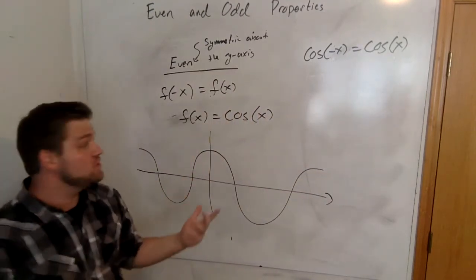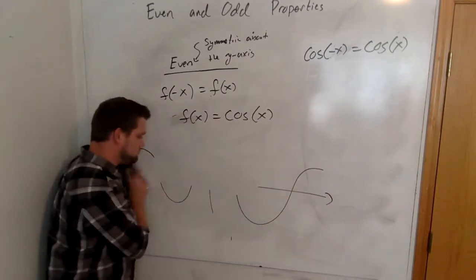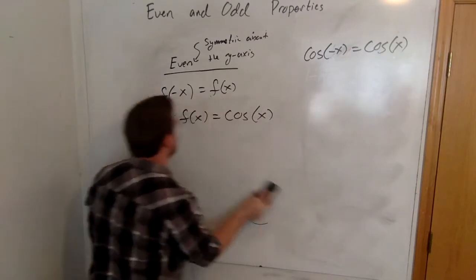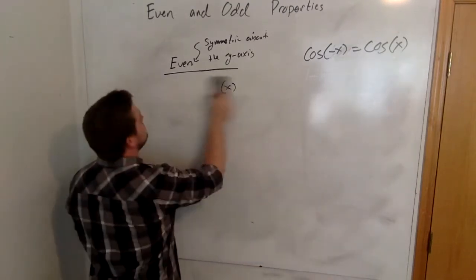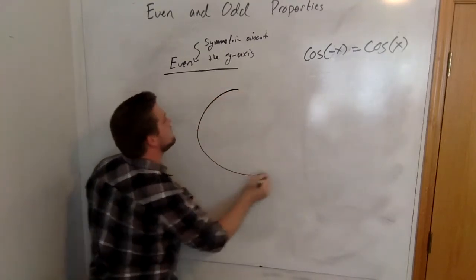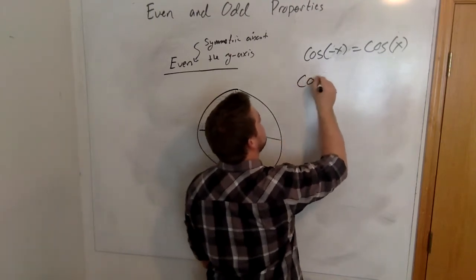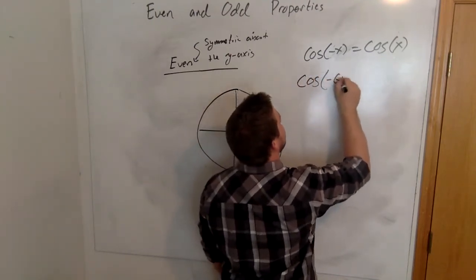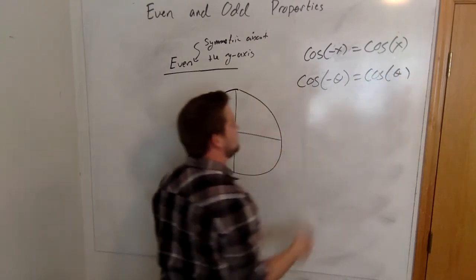Okay, here's a unit circle argument for the same thing. If I draw the unit circle, it would be the same thing if I said the cosine of negative theta is equivalent to the cosine of theta, just doing a variable change.